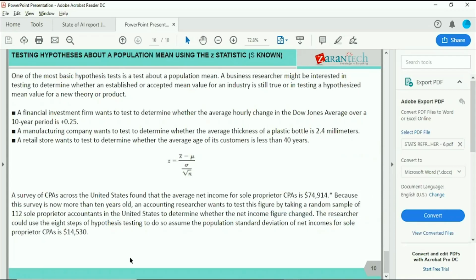Okay, so proprietor accountants, think of the same profession in the US, to determine whether the net income figure has changed. Now the researcher could use the 8 steps of hypothesis testing. Assume the population standard deviation of net income for the sole proprietor is this much.